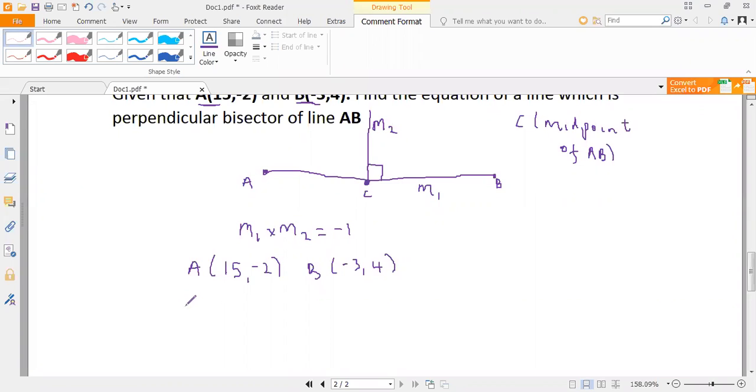We shall use the formula M1 equals Y2 minus Y1, call it change in Y, divided by X2 minus X1, call it change in X. So we first identify Y1 and Y2 from the two points. If we call this Y2, this will be X2. If we call this Y1, this will be X1.